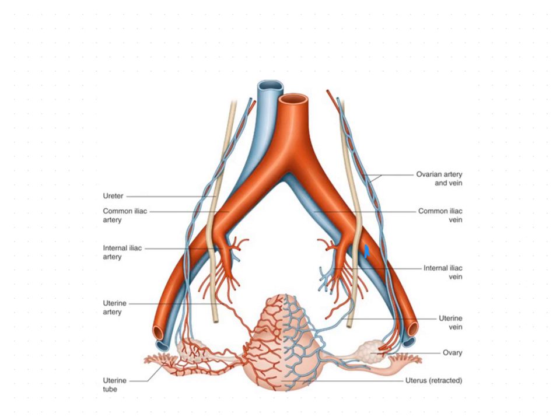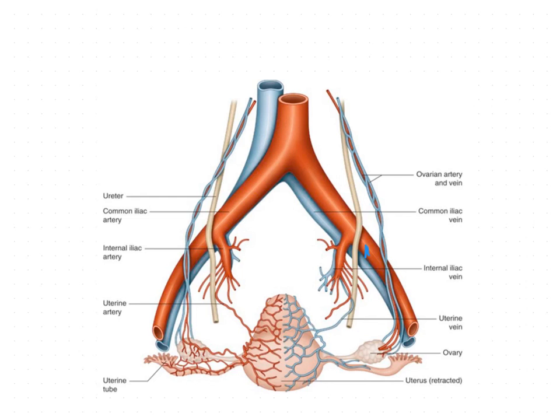It thus enters the broad ligament and runs below the uterine tube to reach the ovary through the mesoovarium. This artery gives a branch which continues medially to anastomose with the uterine artery.